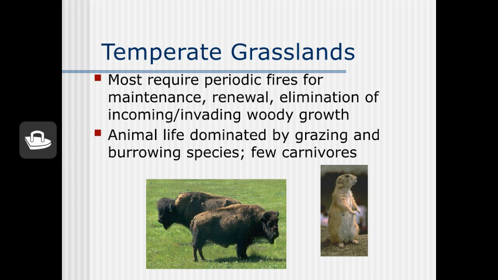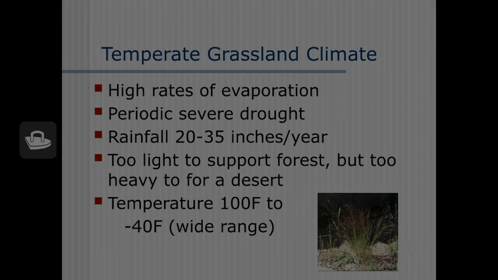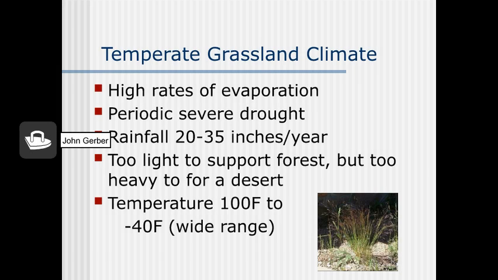Most animals are burrowing types of animals, and very few carnivores exist in the temperate grasslands. Temperate grasslands have more extreme temperatures than tropical grasslands, more highs and lows. The rainfall is too light to support a forest, but too heavy for the grassland to go back into a desert. Periodic drought, periodic floods, and periodic fires prevent trees and shrubs from growing as well.